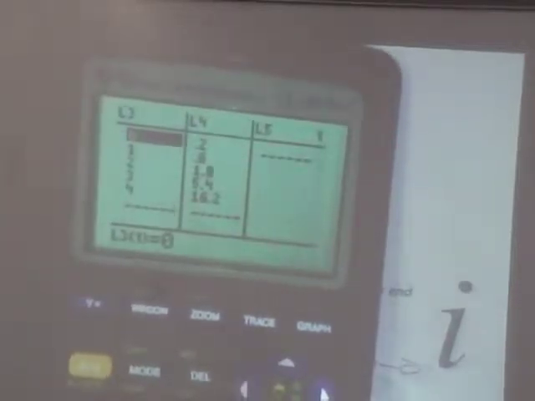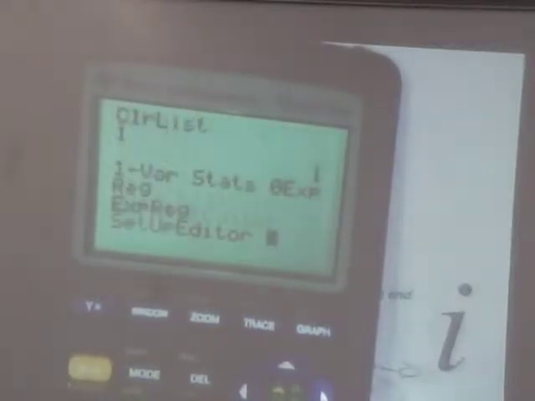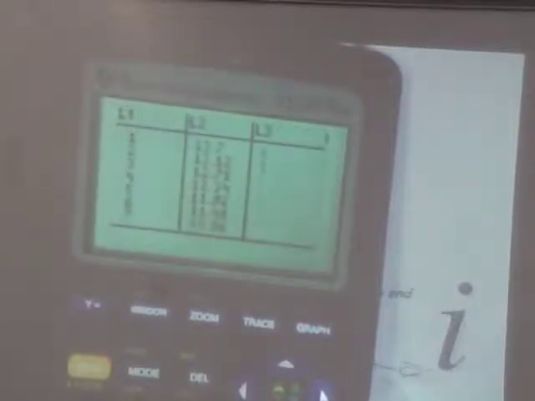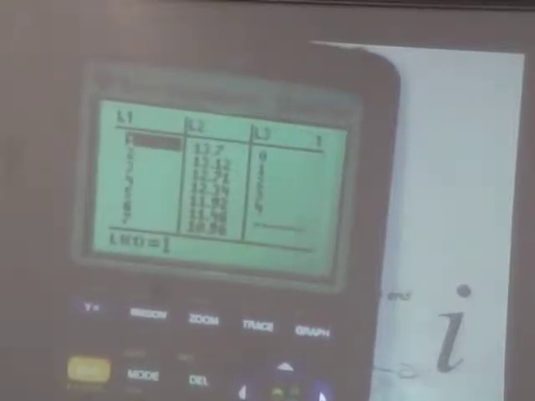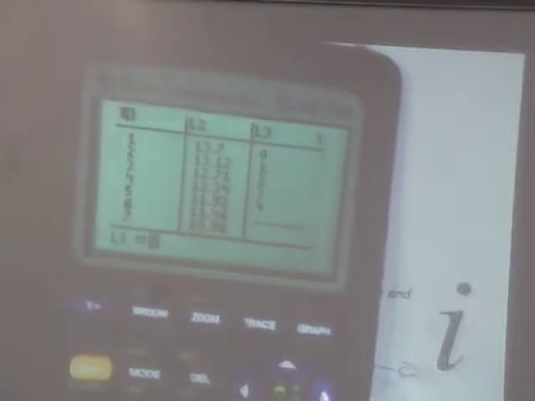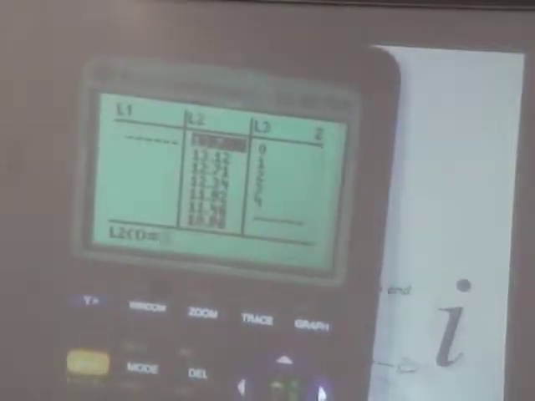So if this happens, you're going to want to remember this, because I can't help you out during the exam, okay? Go to Stat. Set up Editor, number 5. Hit Enter and Enter. It says done. Now go to Stat and Enter. Those are the wrong ones anyways, right? So clear those out.